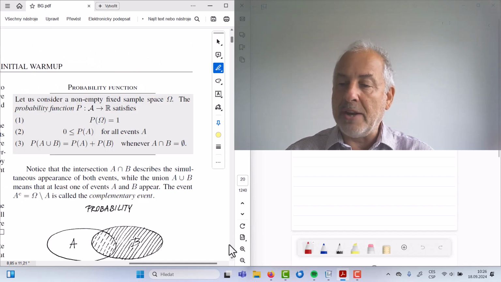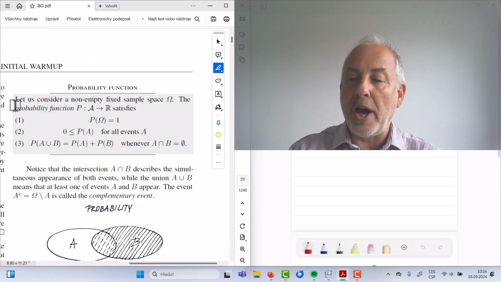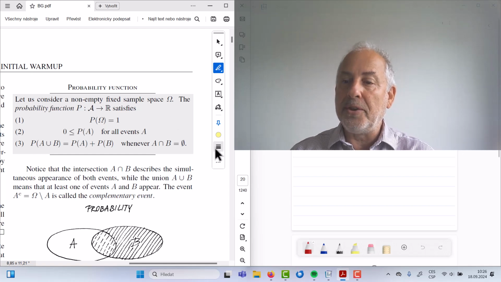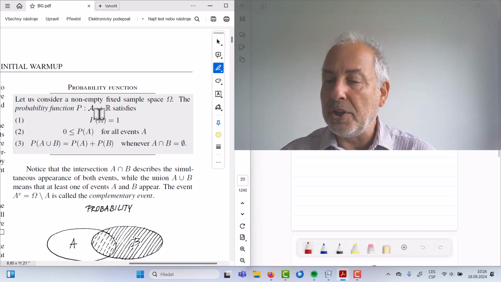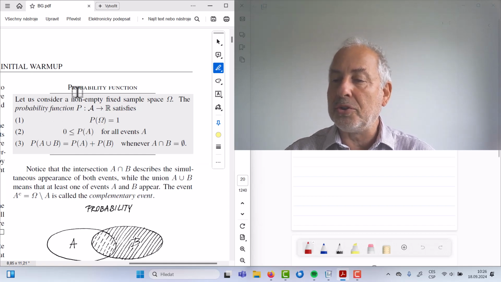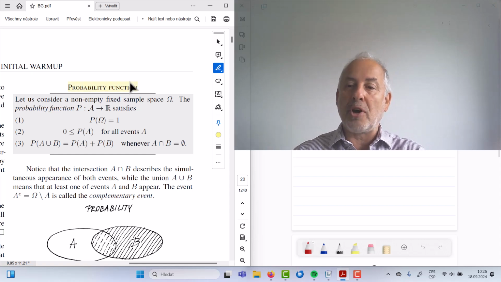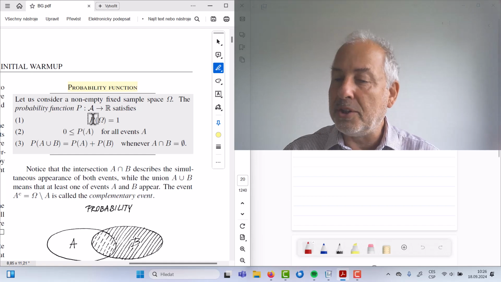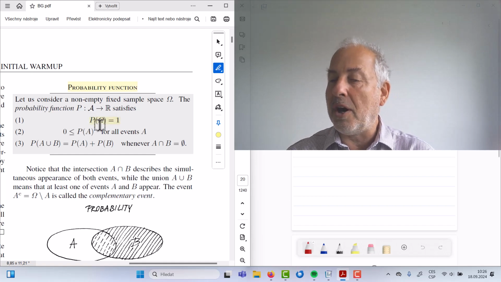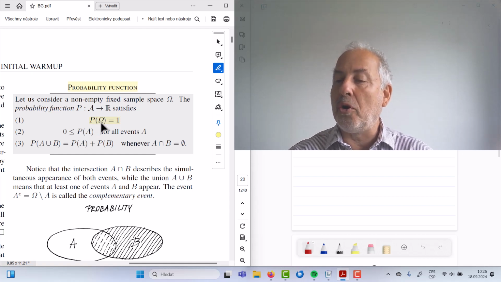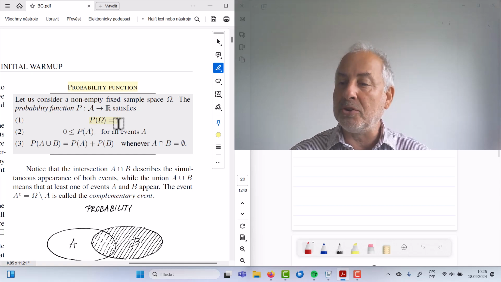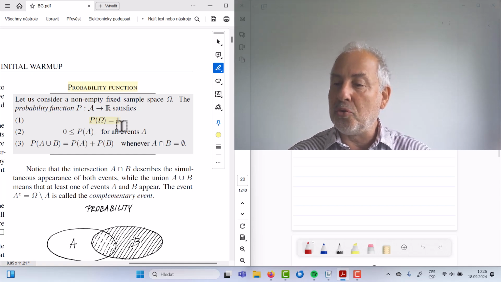And then we can make it into a mathematical theory by providing the definitions. So this is what we call probability functions. That's a function describing probability, and we know that if we are not interested in what will happen, we consider all of omega, then the probability must be 1, because it's absolutely sure that it happens.